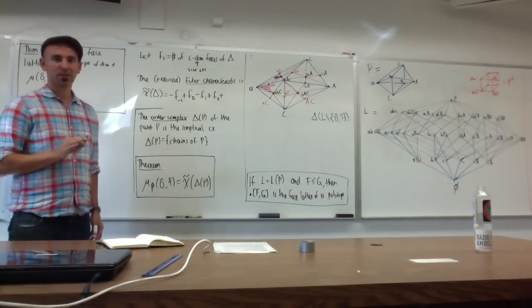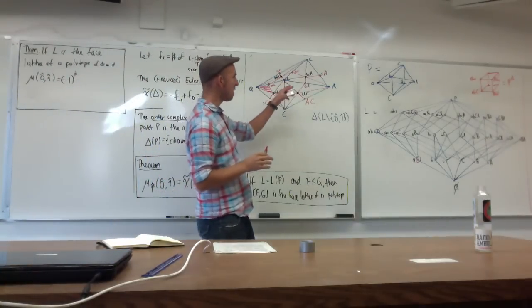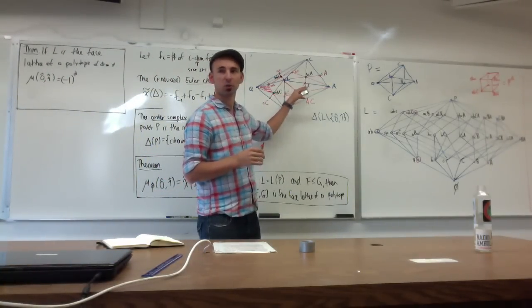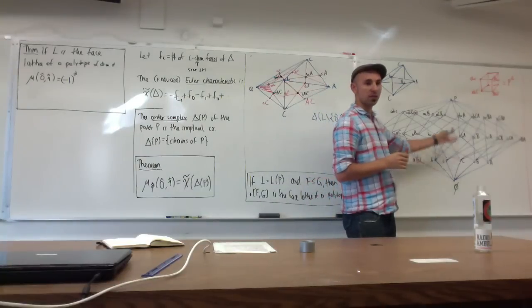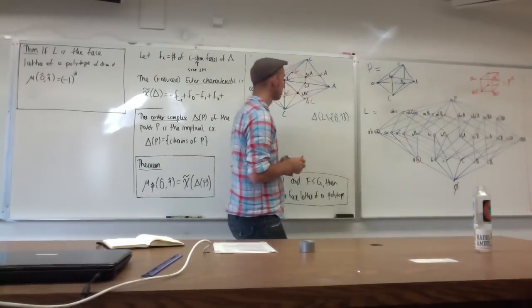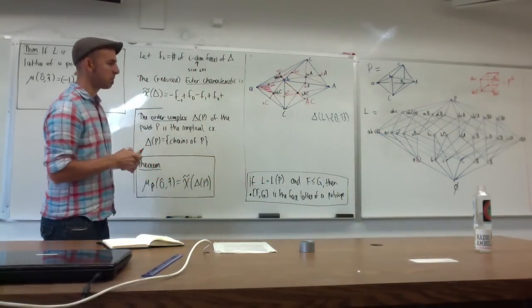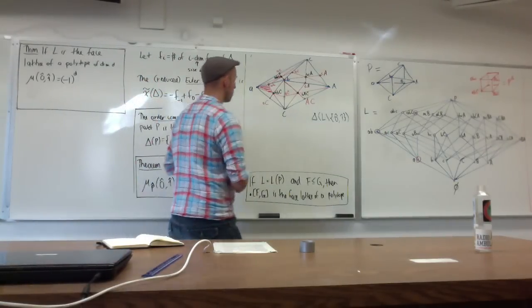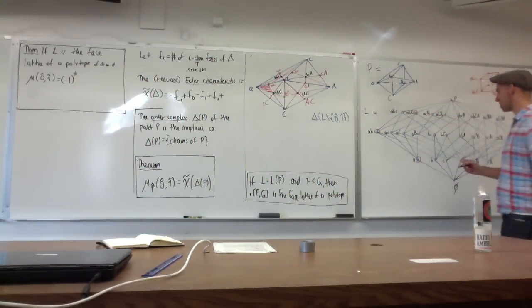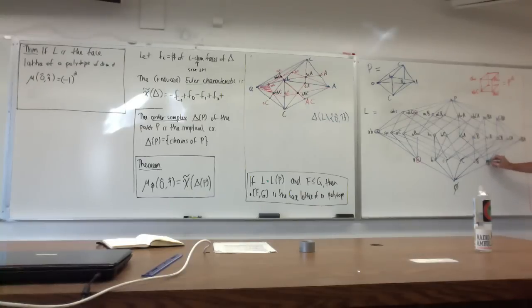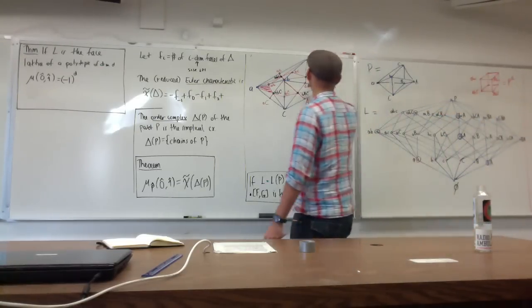And I claim that this is exactly what happens, that every single triangle that you see in this picture corresponds to the chain that I see here. Maybe I'll draw just one more example and then I won't draw anymore because we'll get really lost. So for example, I could go from capital A to capital A and lowercase b to this one. So capital A to BA to BCA.